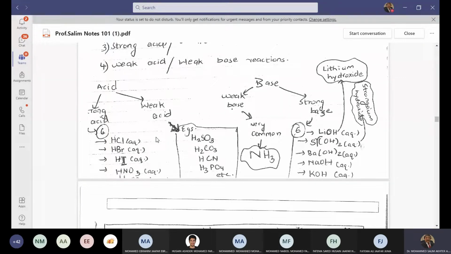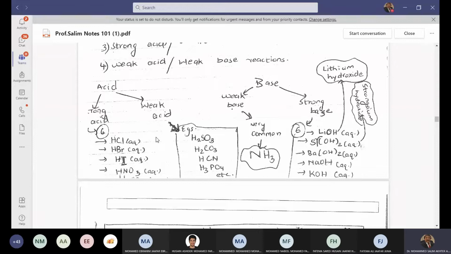Strong acids means that when you add them in water, they are 100% dissociated. Any other acid in the world which is not in your list is a weak acid.